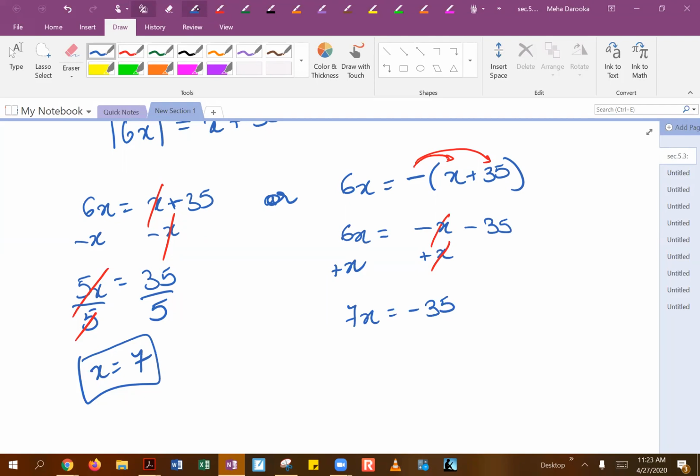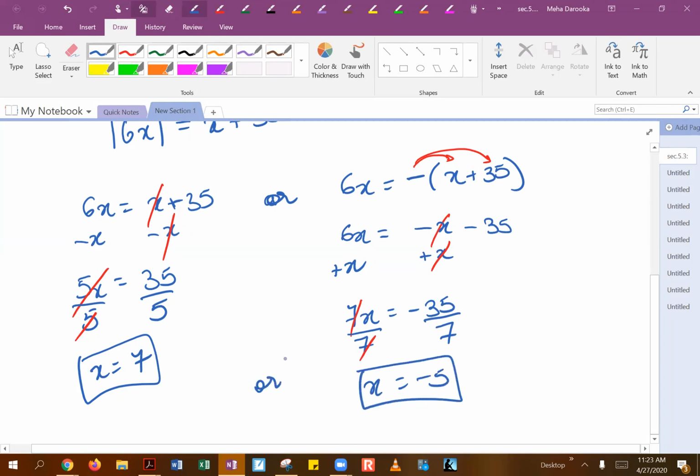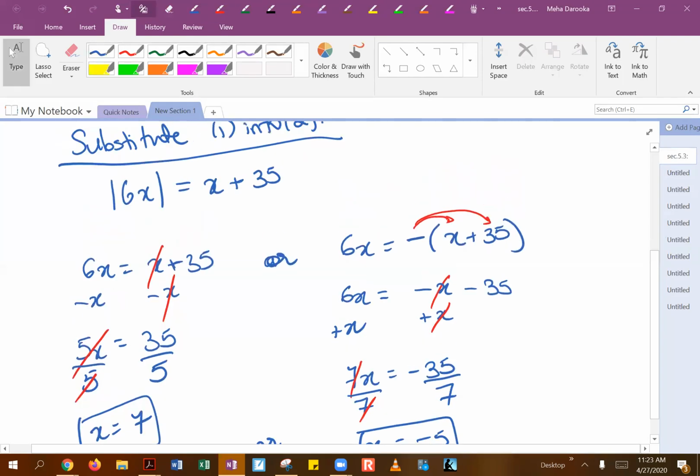And what do you get for your x value here? Negative 5. Very good. So you would divide both sides by 7, and then of course 7 would go into negative 35 negative 5 times. So we would actually end up getting two different x values from here.